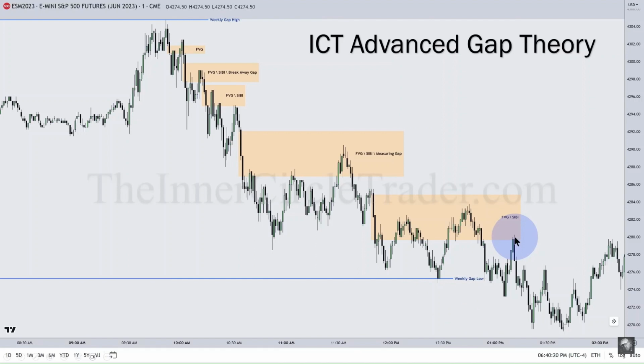Standard fair value gaps, which are common gaps, can be reclaimed or traded back to as resistance or support. The market trades back up to it here. Look at the bodies of the candles here. That's telling you what? The narrative, if you're reading my gap theory in price, if you see these signatures like this, see, I tell you all the time, the bodies tell you the story. The wicks do the damage.